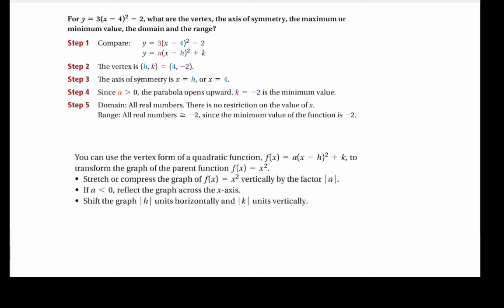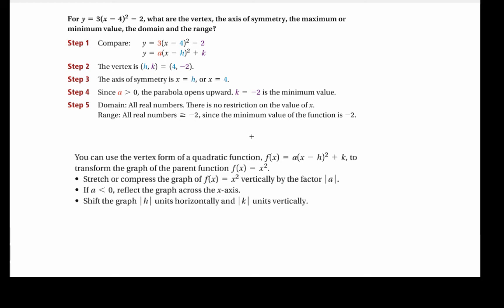The axis of symmetry is going to be an x-only equation, x equals h, that's x equals 4. Since a is greater than 0, a is 3, the parabola opens upward, and k equals -2 is the minimum value. So if a parabola opens up, it has a minimum value, and k is that minimum value. The domain on a quadratic function is always going to be all real numbers. There's no restriction on the value of x. So again, any quadratic function, there's never a restriction on x.